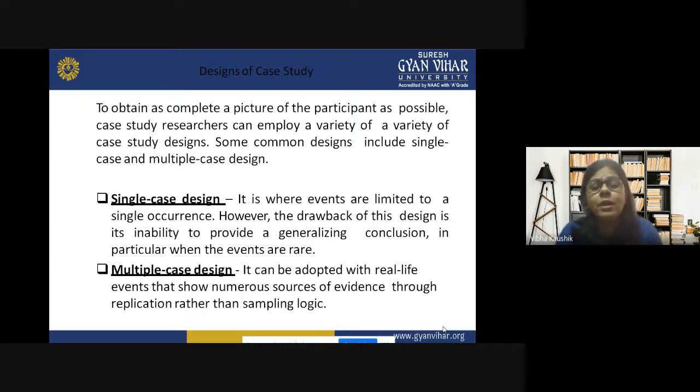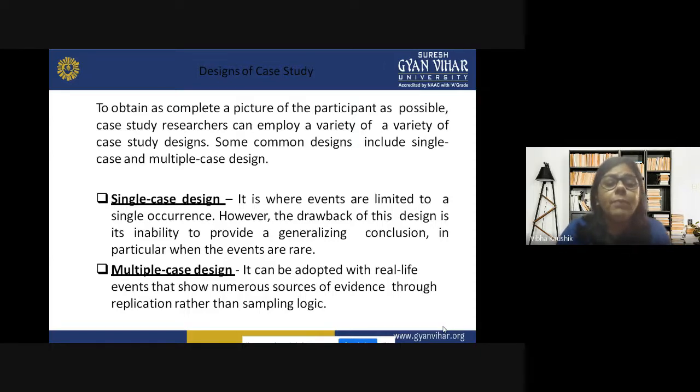A single case design is unable to provide a generalizing conclusion, meaning generalization to society or to people cannot be made, in particular when the events are very rare.